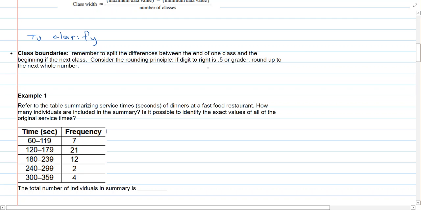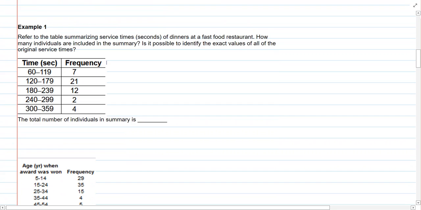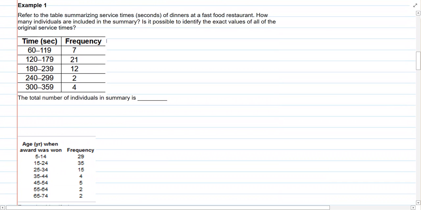If the digit to the right is 5 or greater, 0.5 or greater, a half or greater, then you move to the next whole number. All right. So what we're saying is that between the boundaries is what happens. And I'll discuss that when we get to that point. So here we have an example, and this is to understand.